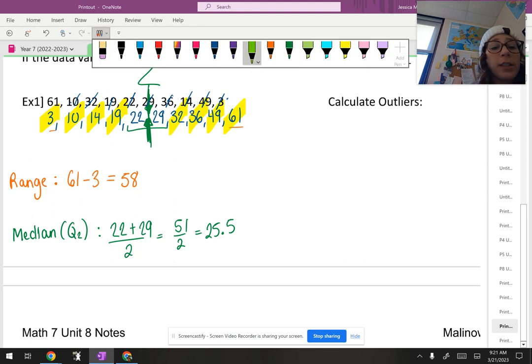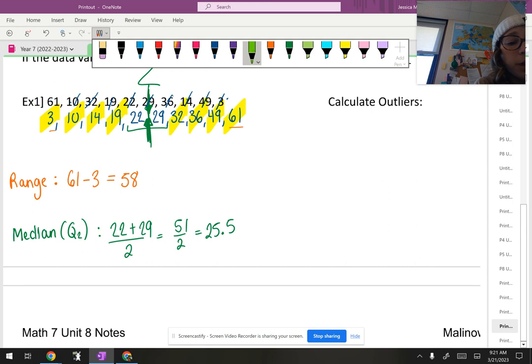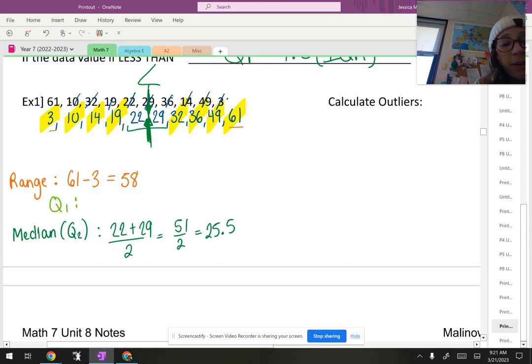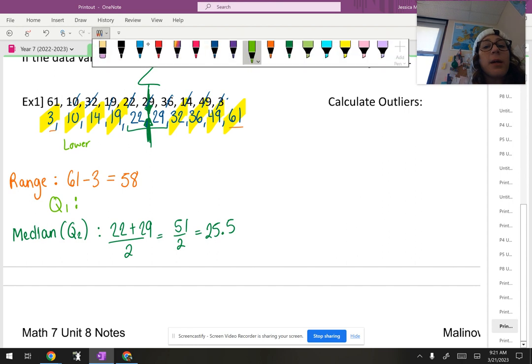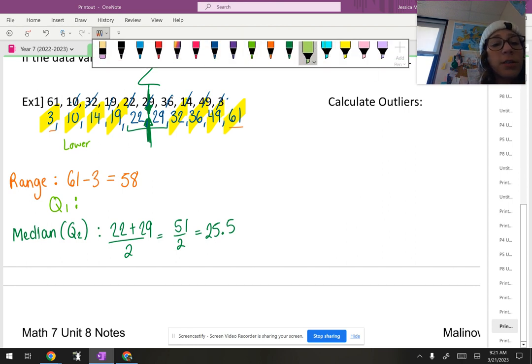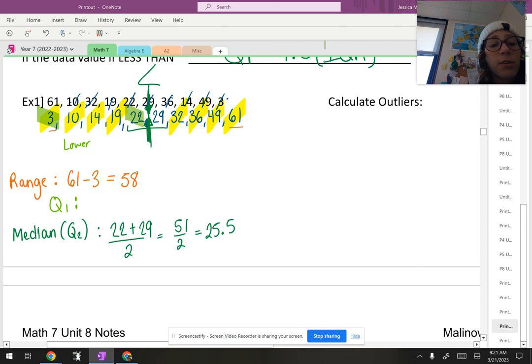So then, finding quartile 1 is going to require us to find the median of the lower half. So this is the lower half. And again, I'm going to switch to a different highlighter here to keep this organized, and I'm just going to find the median. Cross off 3, cross off 22, cross off, boom.